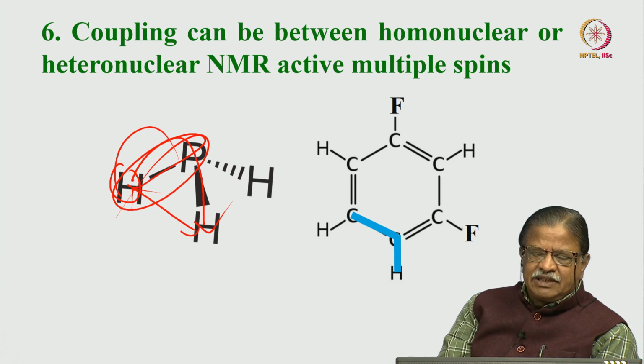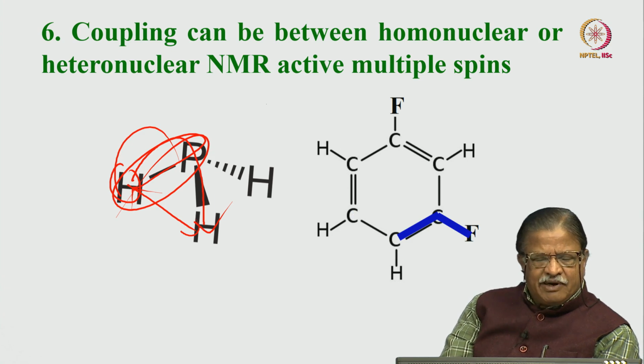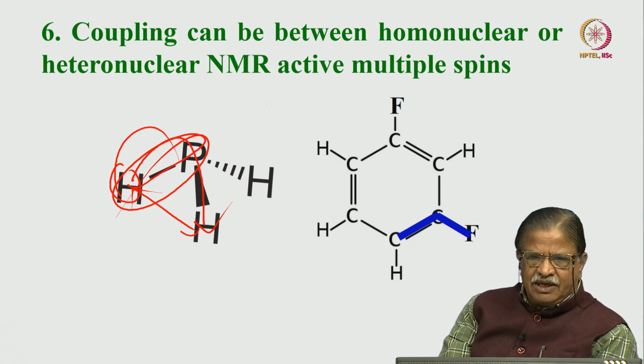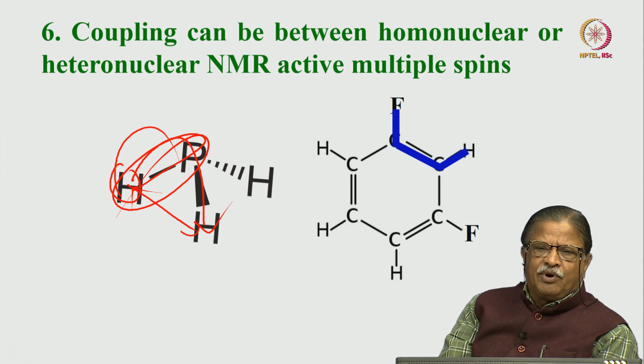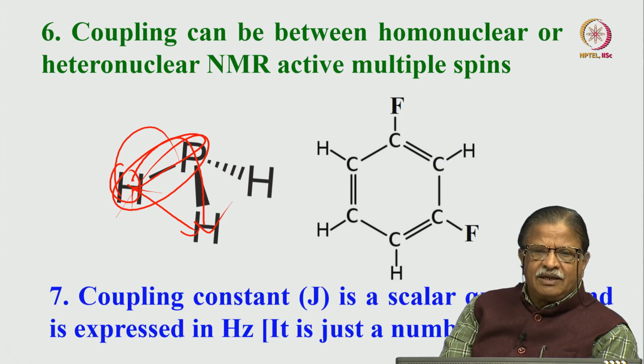There can be a 2 bond heteronuclear coupling between this carbon and this proton. This is a 1 bond CC coupling, homonuclear. There is a 2 bond coupling between carbon and fluorine, heteronuclear, and a 4 bond coupling between fluorine and fluorine, homonuclear. There is a 3 bond coupling between fluorine and proton, again heteronuclear.